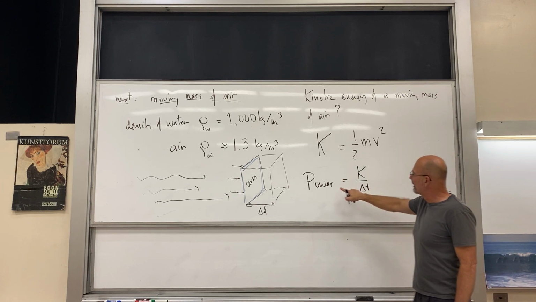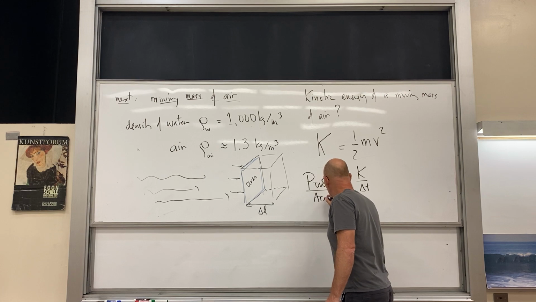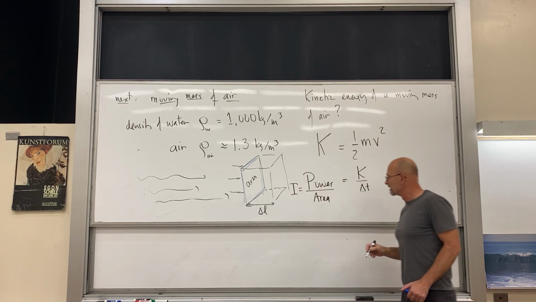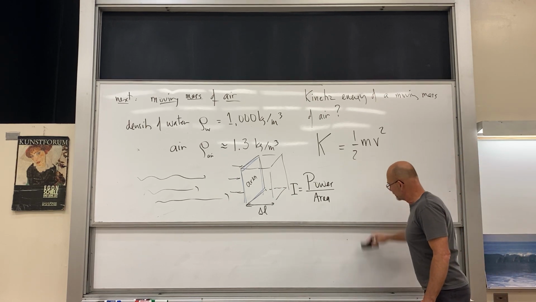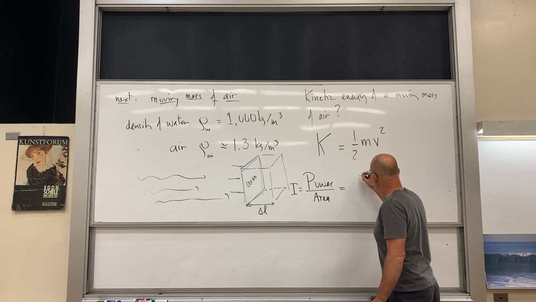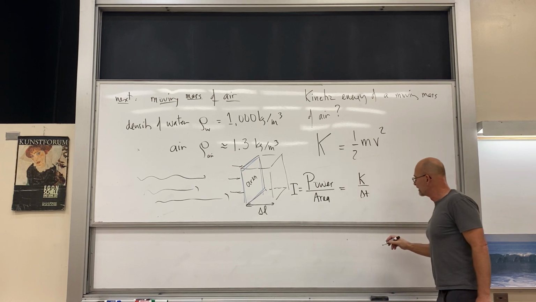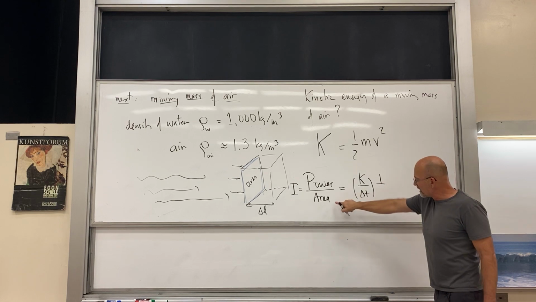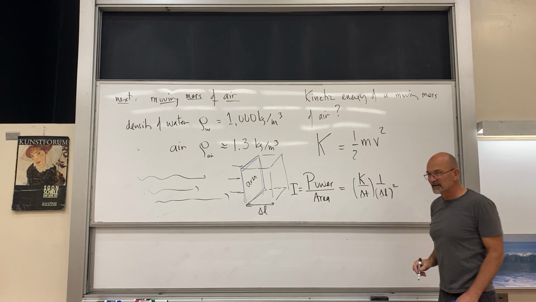and power per area, which is our intensity, power per area, that's kinetic energy over delta T, and the area in the denominator is delta L squared.